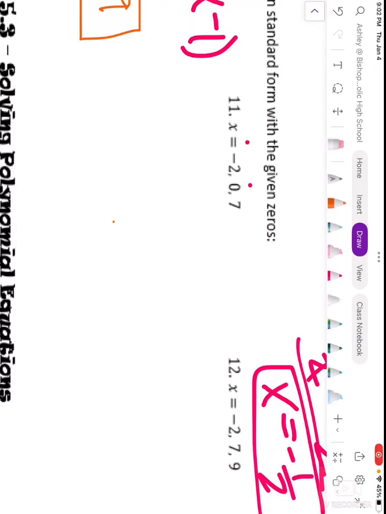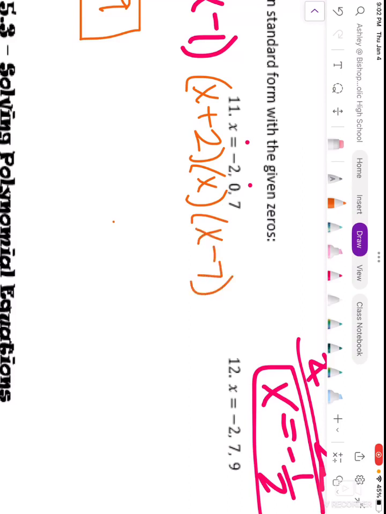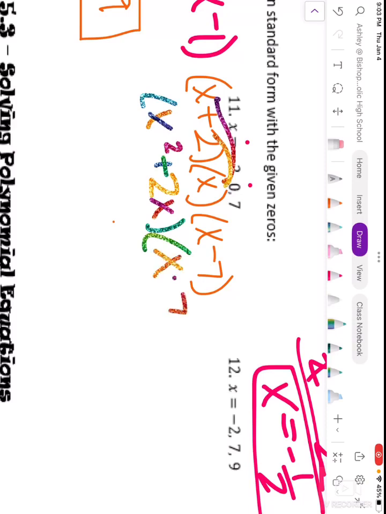11. If we had a negative 2 as an answer, we would have had to start with x plus 2. If 0 is an answer, we just had x. And if 7 is an answer, we had x minus 7. So we can just distribute this x first, which would make that x squared plus 2x. And then we're going to take that times x minus 7. That's a 2 by 2, so we can FOIL it.